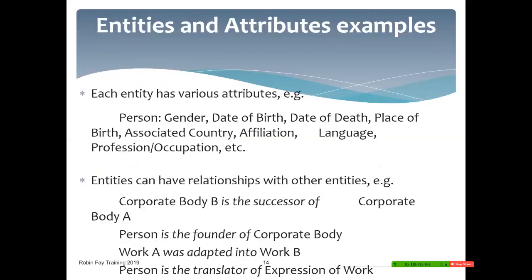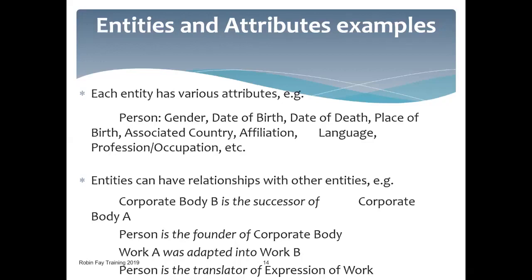And then for original cataloging, that is the name the cataloger constructs following those specific guidelines. So examples of some attributes: gender, date of birth, date of death, place of birth, associated country, affiliation, language, profession, occupation, etc. And then, of course, entities can have relationships with other entities. So you could say corporate body B is the successor of corporate body A. The person is the founder of the corporate body.